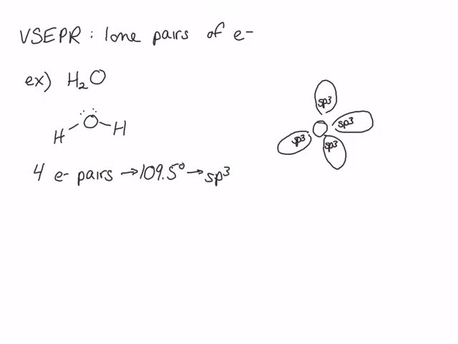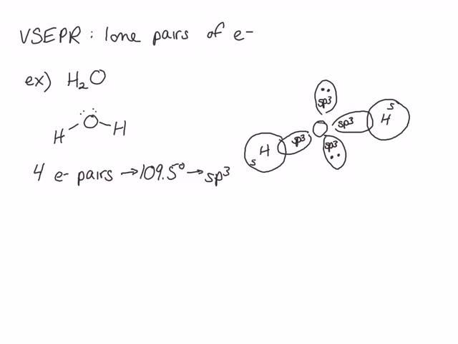Two of those sp3 hybridized orbitals are going to form the bonds with the s orbitals of the hydrogen. It does not matter which two you choose. And the other two hybridized orbitals are going to contain lone pairs. And so this is what our molecule of water is going to look like when we draw out its orbitals.